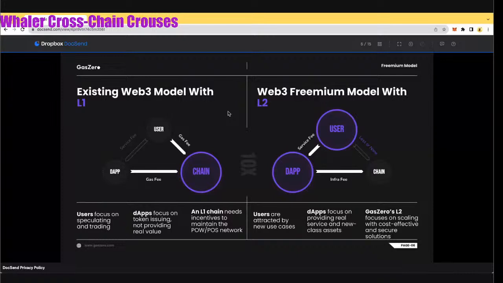We need to understand this, and I will introduce this concept a bit later. In such a case, we become a user-friendly, user-oriented, and dApp-oriented blockchain instead of being chain-oriented. The infra fees are paid by the dApp, and the user just interacts with the dApp and enjoys the game, let's say, in our case.